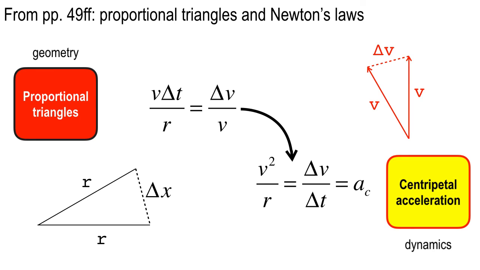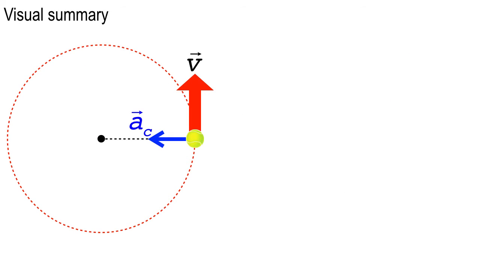We give it a subscript c. It is the acceleration toward the inside of the circle. If it's curving left, the delta V is to the left. If it's curving right, then the delta V is to the right. So it's always toward the center. Here's a visual summary of it.